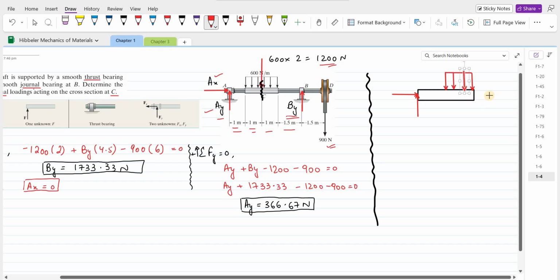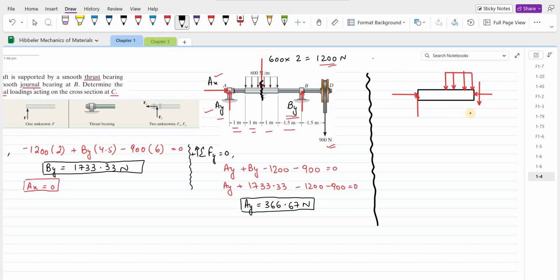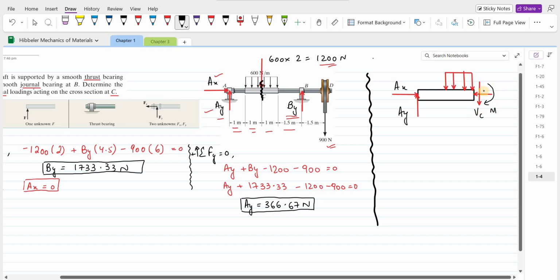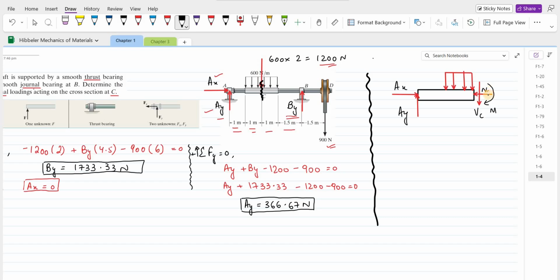At point C we have a normal force, we have a shear force, and we also have an internal moment which I am assuming as clockwise. Let's label them. So this right here is AX, this is AY, this is the moment M, this is the shear force VC, and this is the normal force NC.